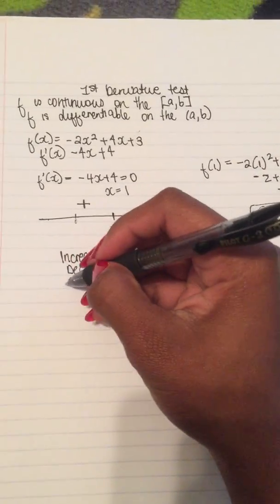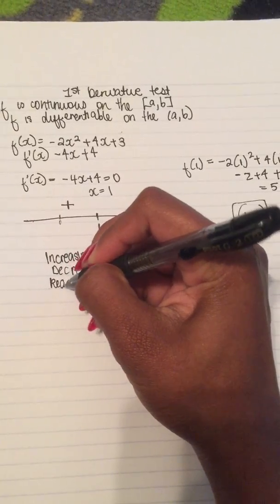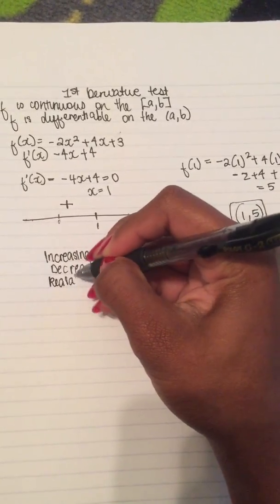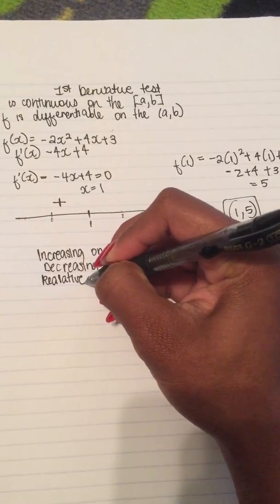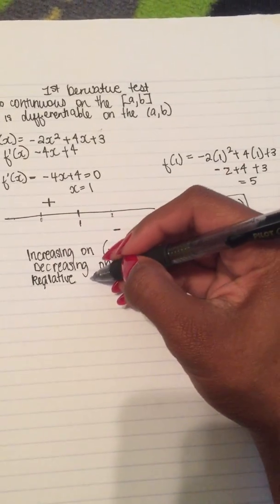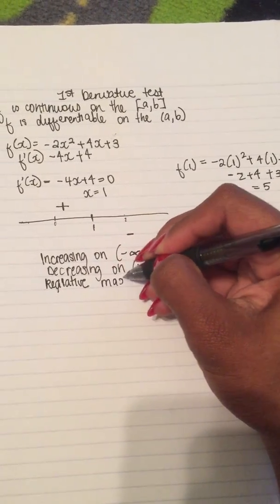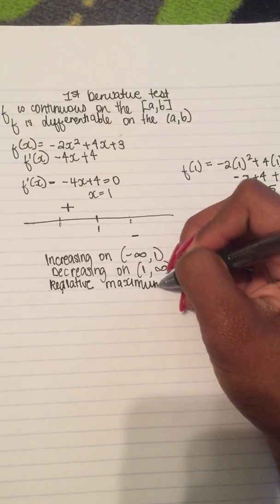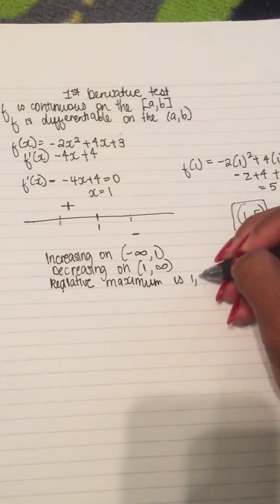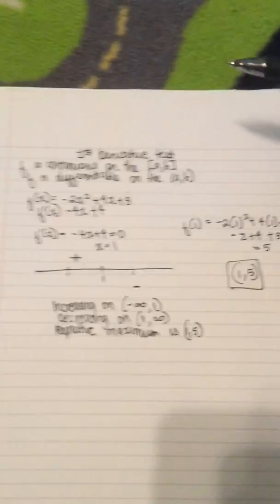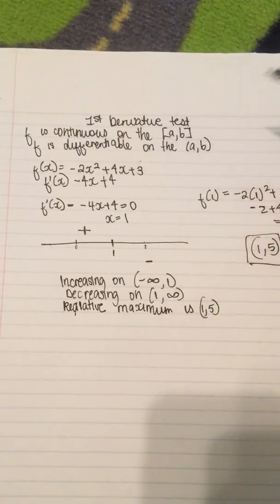And what we also know is that the relative maximum, I may have spelled relative wrong, is (1, 5).